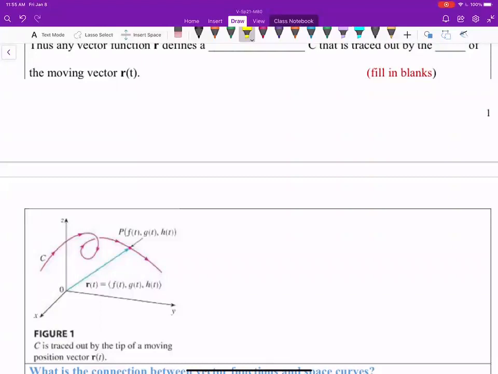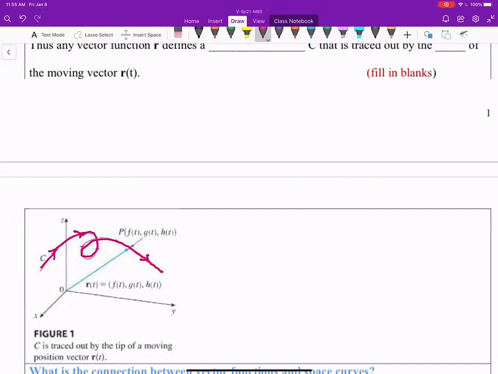For a parameter t, which is a real number, this C, which is shown in pink, is a space curve. Because it's parametric, it also shows the direction, where it starts, where it ends, the orientation of the curve.